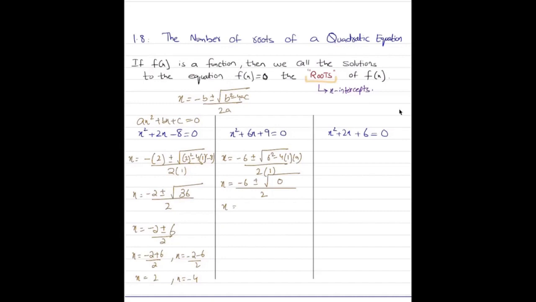It will be 0. And minus 6 plus 0 upon 2 or minus 6 minus 0 upon 2 leads you to the same answer, that is negative 3, right?